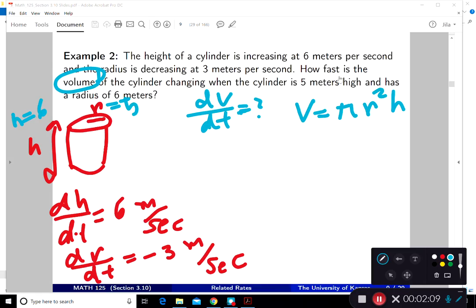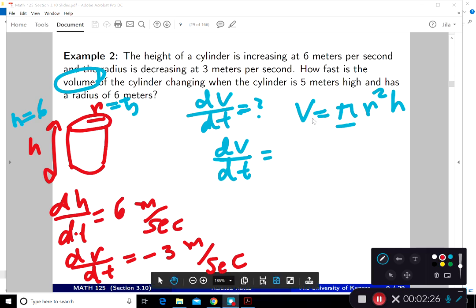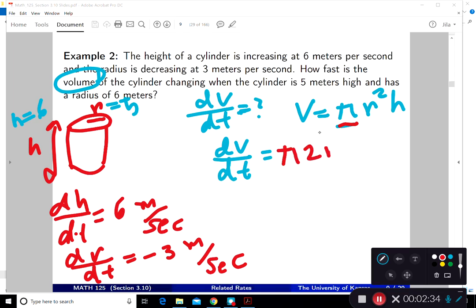To relate the rates together, I have to take the derivative of both sides. dV/dt is equal to, let's remember, h is just a constant, so it's going to be the coefficient here. So I'm going to go pi, derivative of the outside is 2r, but r is a function of t, so I have to write dr/dt. Then times h, because this is a product rule.